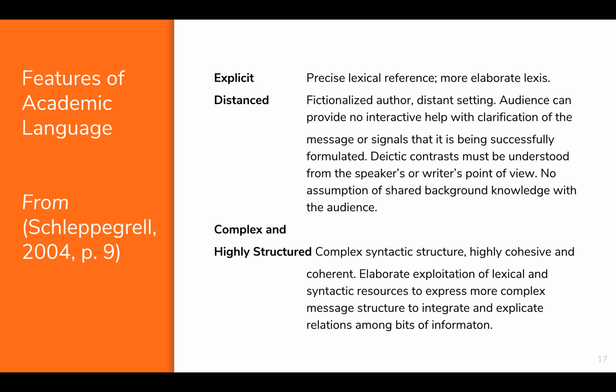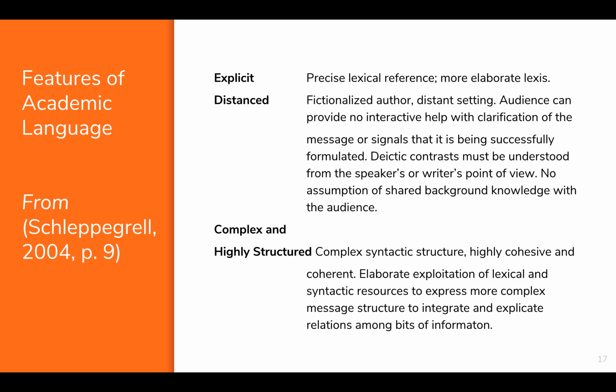So first of all, being explicit just means precise lexical reference or more elaborate lexis, and lexis just means words. So explicit means having explicit references, using proper terminology, using elaborate word structure, being as clear and explicit as possible.